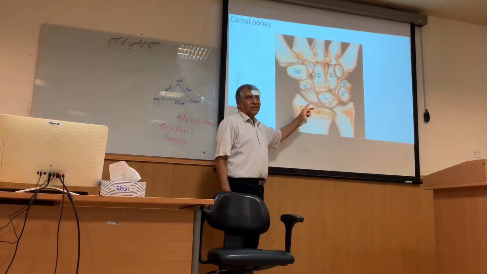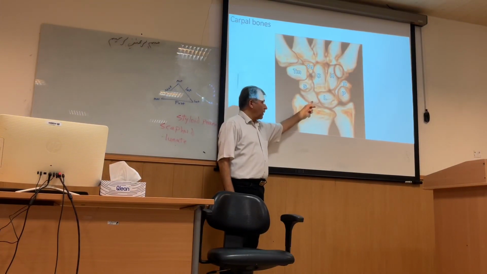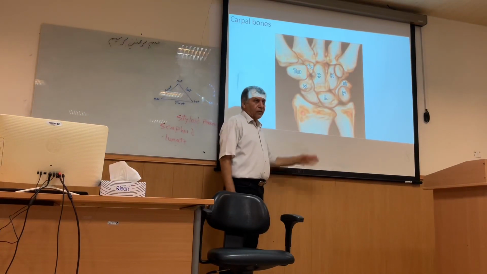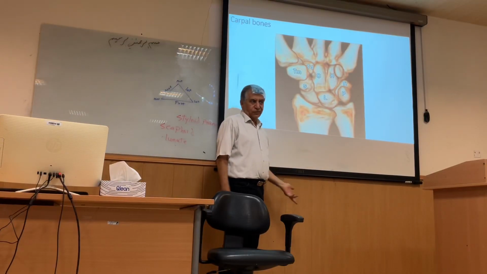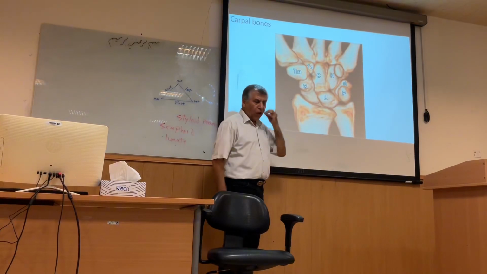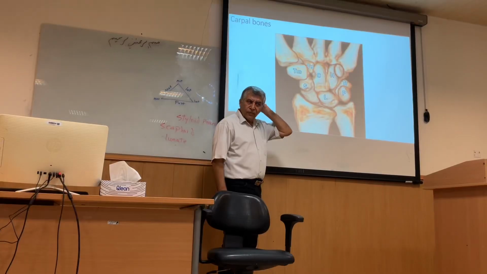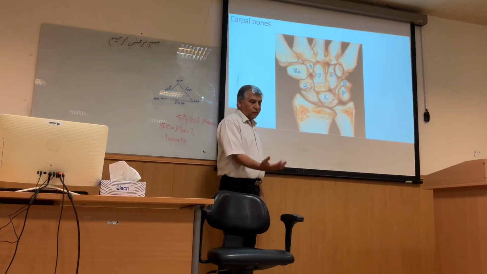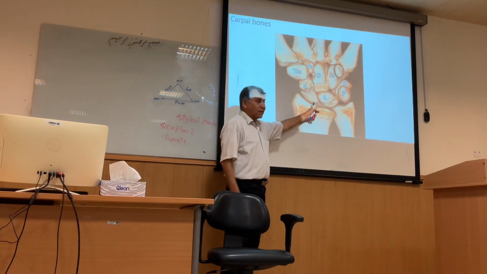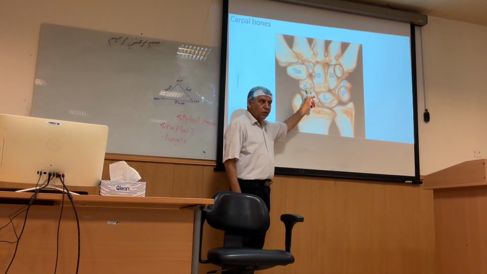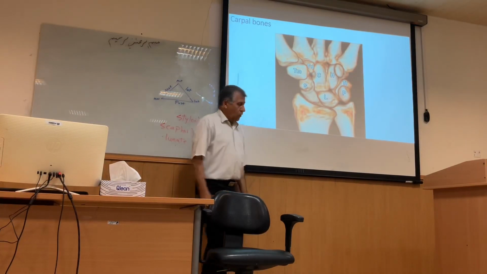What's the name of this joint? The radiocarpal joint. It is a synovial, condyloid joint. For this reason we have flexion, extension, and abduction. This movement takes place at the radiocarpal joint. Okay.